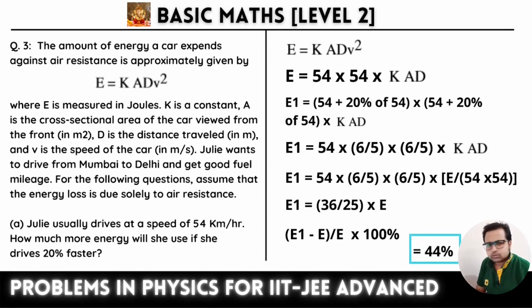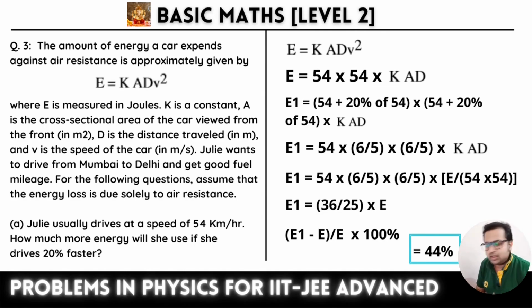Okay, so we can very easily see that E is equal to KAdV square, it is given. So let us suppose Julie is driving with a speed of 54 kilometer per hour, then the energy expended against resistance, let it be capital E. So we can write capital E is equal to, instead of V we substitute 54, so 54 into 54 into KAd.